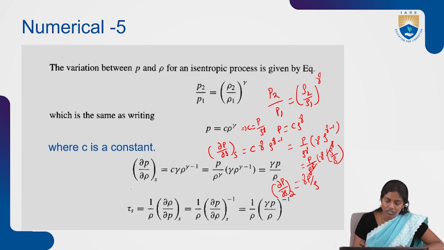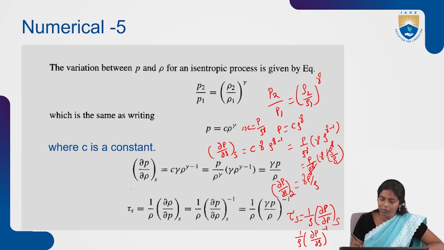So now tau s is equal to 1 by rho into dou rho by dou p at constant s. This one we can reverse and write, that is nothing but 1 by rho into (dou p by dou rho) inverse. So dou p by dou rho at constant s we can write as gamma p by rho, right?